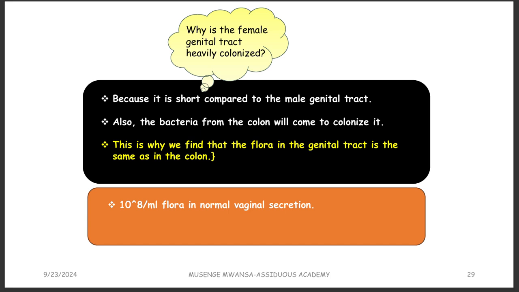So if these bacteria go to the urethra, then they become a problem, because the vagina is not sterile, but the urethra is sterile, so they can cause infections like UTIs. Okay, this is why we find the flora in the genital tract is the same as the one in the colon. The colon flora and the flora in the vagina is the same. 10 to the power 8 per mL of flora is going to be found in vaginal secretion.